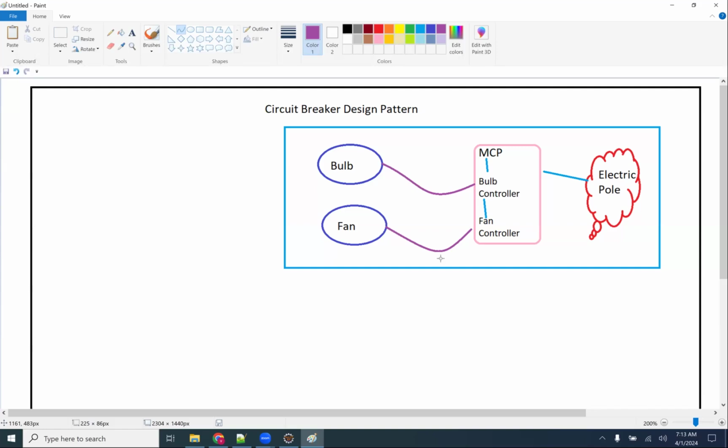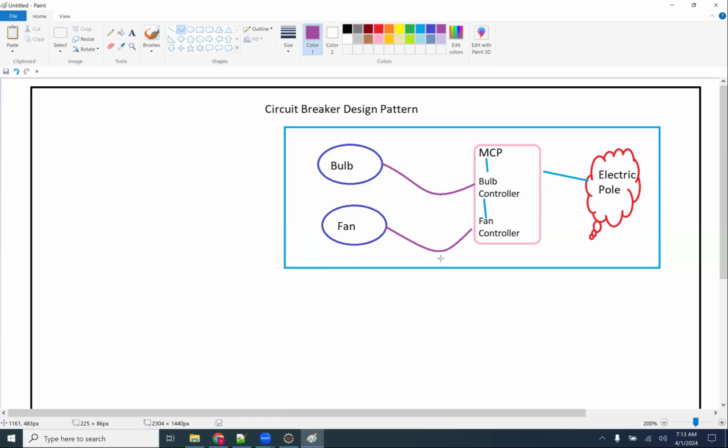I have two microservices, bulb microservice and fan microservice. If both are up and running, there is no issue at all. Correct, right? But if they are not good, something is down or some problem is there, then we have issues here. Correct, right?